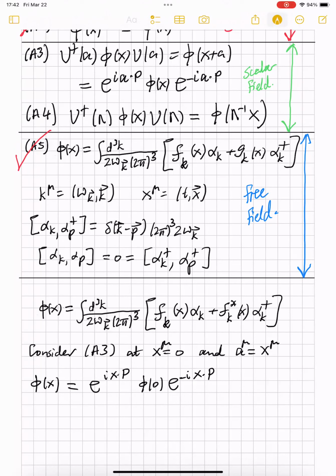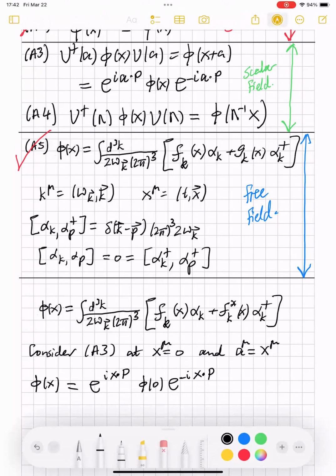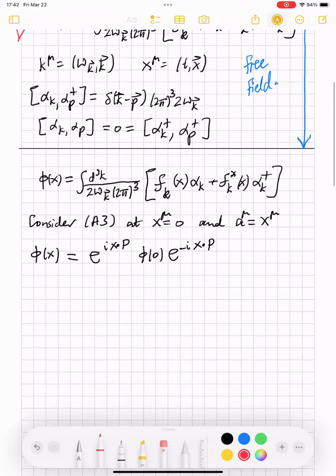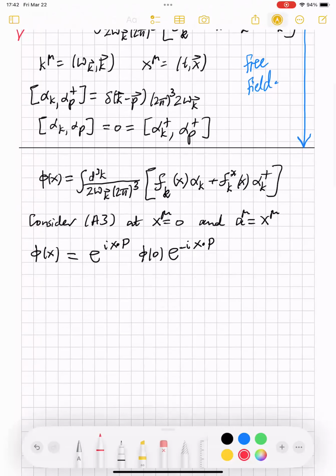Now, you might have wondered what I was thinking to consider x is equal to 0 and a is equal to x. Well, it's because on this side, I'm plugging 0 into phi, so all the x dependence is known. Does that make sense?